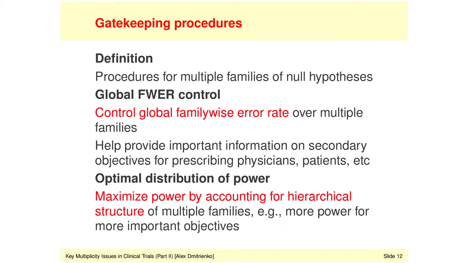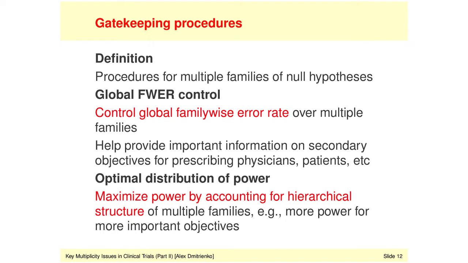The reason it is important, as we emphasized a few slides back, is because with global family-wise error rate control, we can safely provide important information on secondary objectives for prescribing physicians, patients, and other parties without having to worry about compromising alpha control.